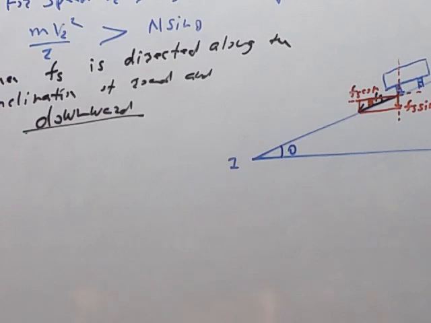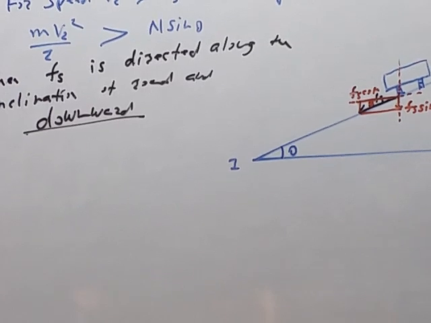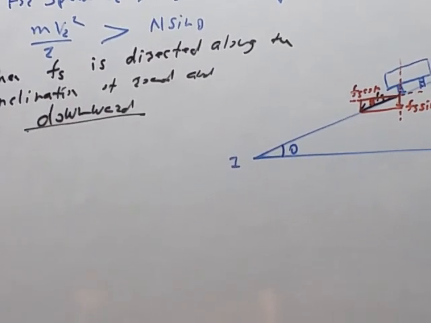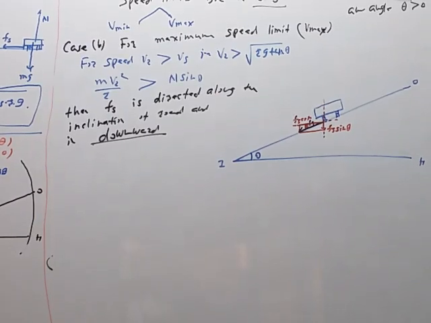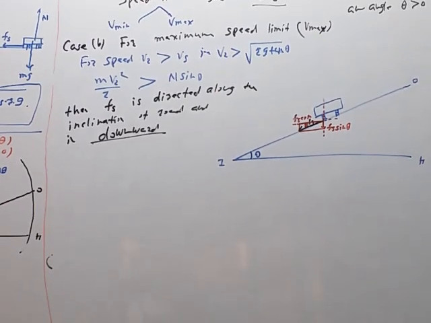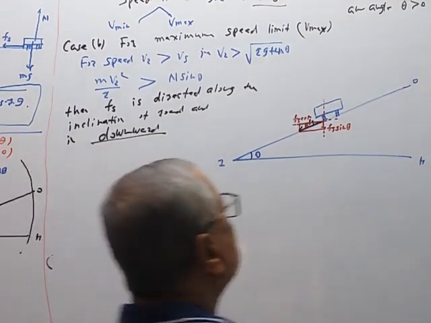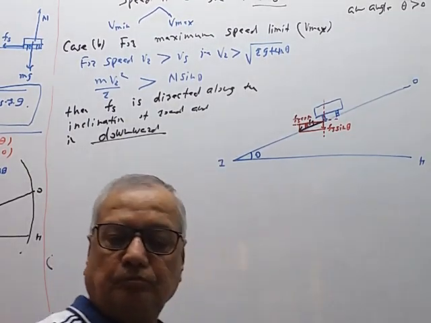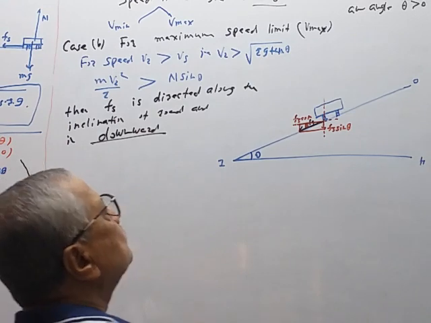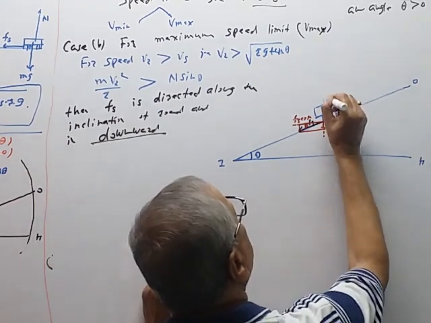Now we can complete the figure as in the angle of banking. So now normal direction vector n will be in the direction. It is acting through center of gravity.